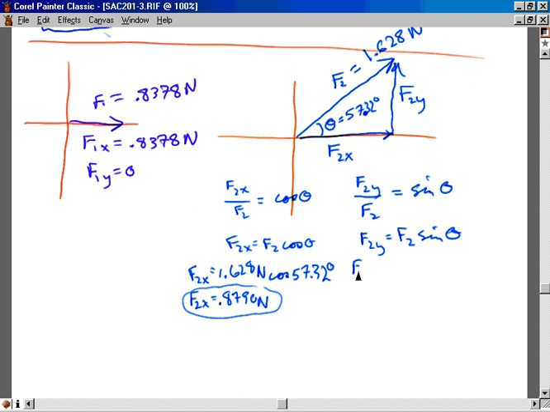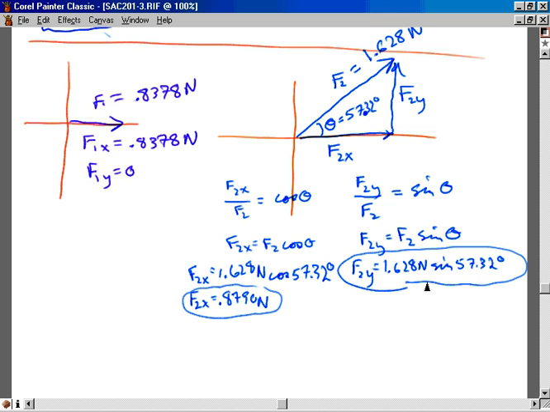So I got F2y is 1.628 newtons times the sine of 57.32 degrees. And I need these two values as well.